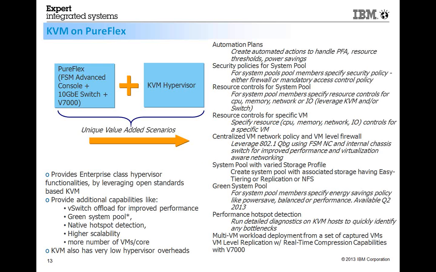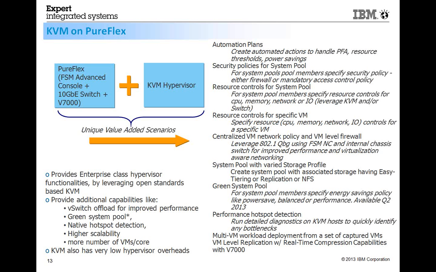It's an enterprise class hypervisor today, and this again has a lot of the capabilities along with PureFlex that we're able to deliver. Some of them are not only automation plans, which I spoke about, but we're able to create system policies for a set of VMs, right? So that's what we call system pools. Resource controls for a set of VMs. So you can allocate specific resource controls for CPU, memory, network, or I/O for KVM.